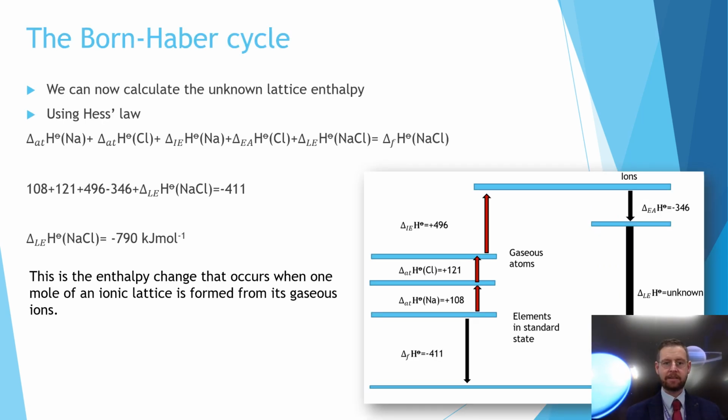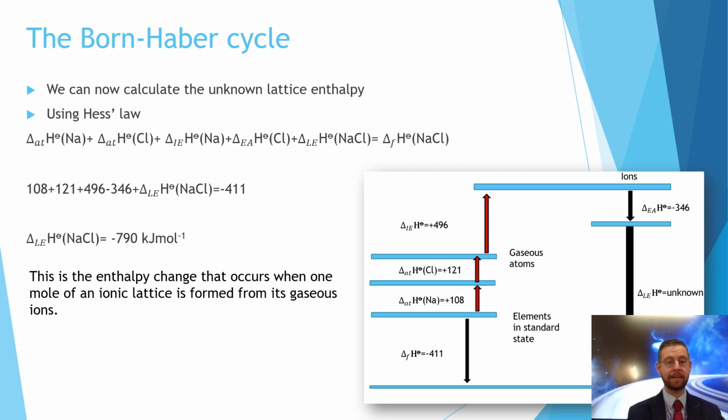And here it is. So using Hess's law, and this is where it gets complicated. A was the enthalpy change of atomization of the sodium, plus the enthalpy change of atomization of the chlorine, plus the ionization energy enthalpy change of sodium, plus the enthalpy change of electron affinity of chlorine, plus the unknown lattice enthalpy of sodium chloride, and this has got to be equal to the enthalpy change of formation of sodium chloride.